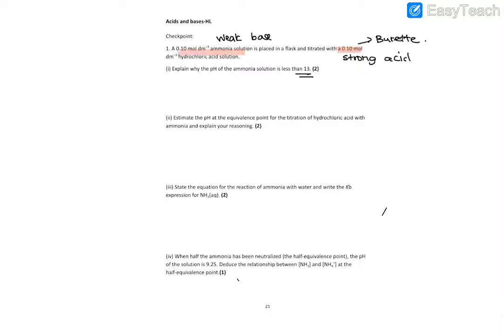You're given the concentration of ammonia. Based on the concentration, we know that ammonia is a weak base. Therefore, the concentration of OH minus in a solution of ammonia is going to be less than 0.1 mole per dm cube.